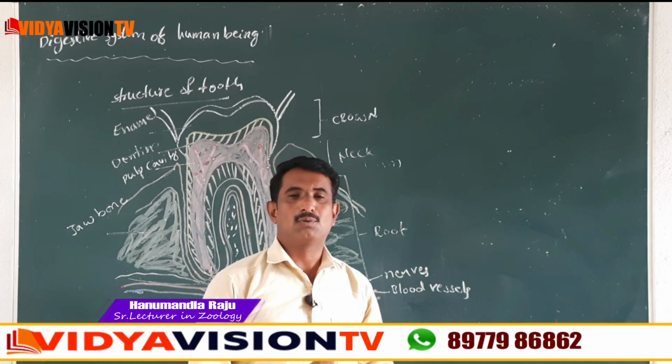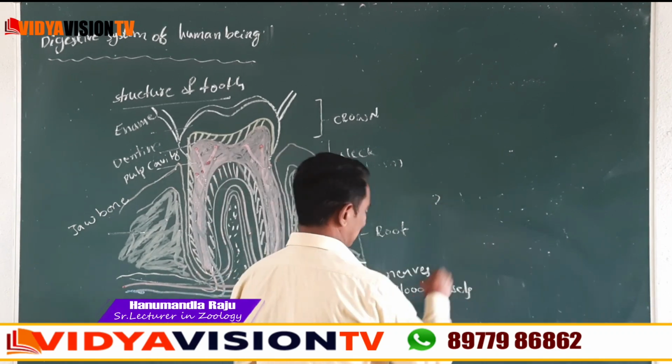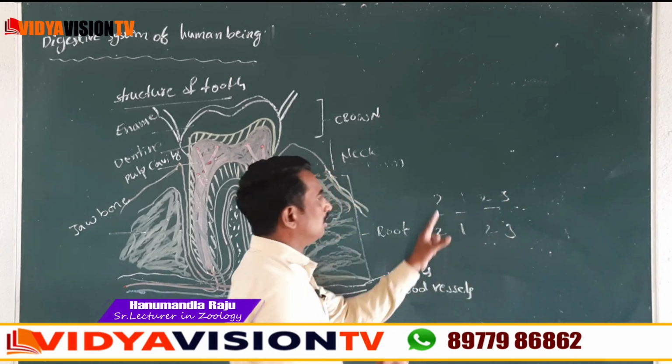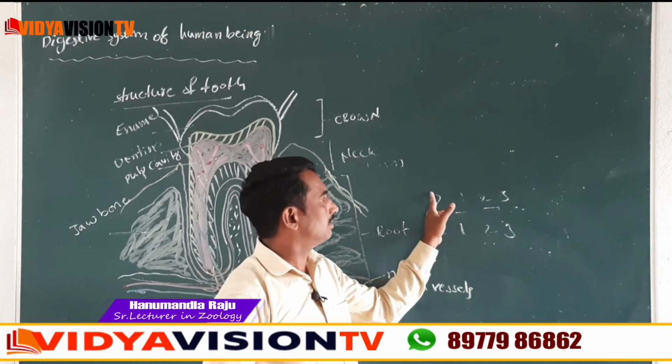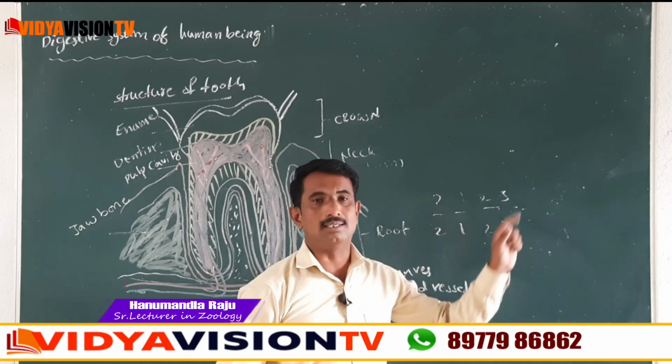Children, the dental formula of the human being we already discussed: 2123 by 2123. Here the first two is incisors, then canines, premolars and molars. The three is the molar.